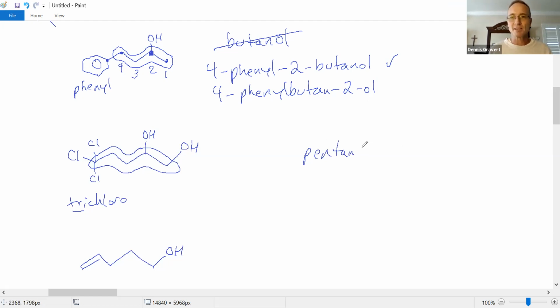And then IUPAC says, well, wait, your new suffix starts with a consonant, so you can keep the E this time. So if you're worried about spelling, pentane diol, you keep the E. And in other cases where the O goes up against the silent E, you have two vowels connecting, that's when IUPAC wants you to drop it.